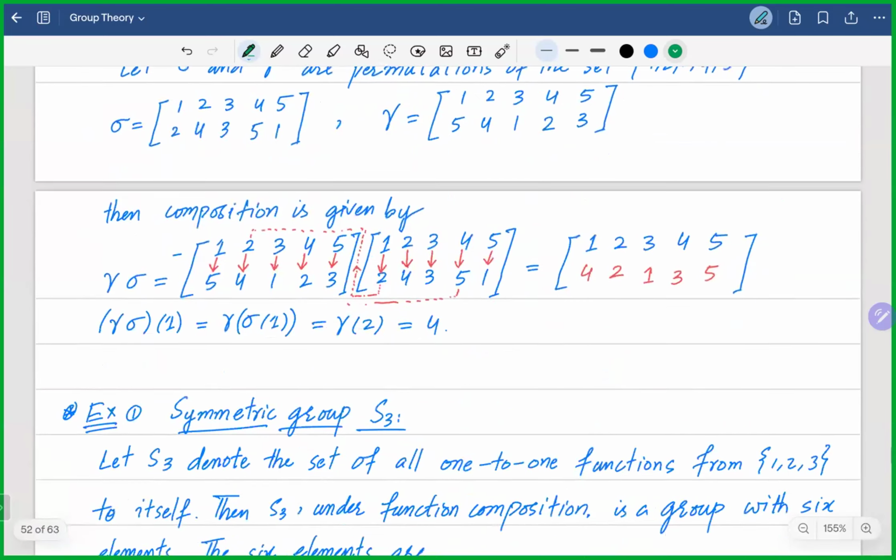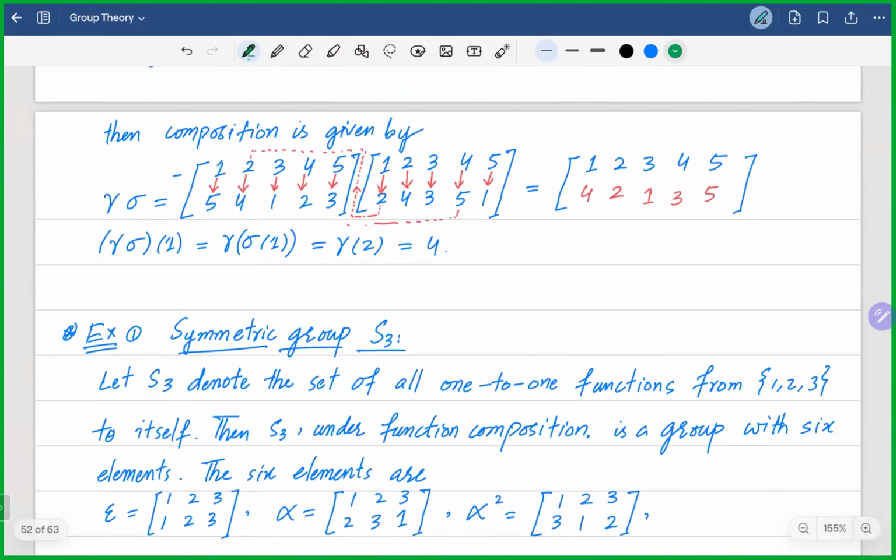The composition of permutations is done like we do composition of functions. If you want to compose gamma and sigma, first you do sigma, and then you take the image of the output of sigma inside gamma, and that will be the output for the composition.